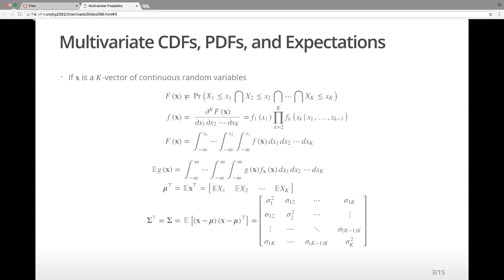Also, we can think about the expectation of a particular g function, namely x minus mu, the vector, multiplied from the right by x minus mu transpose. So if x is of size k, its expectation mu will also be of size k. So we take a size k vector, subtract a size k vector, get another size k vector. This is a column vector, so it's going to be k by 1.